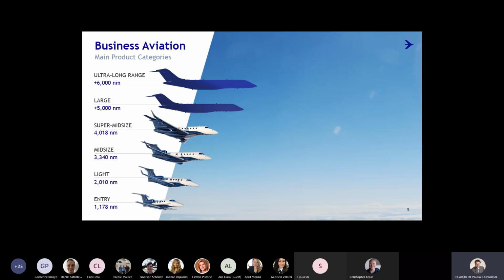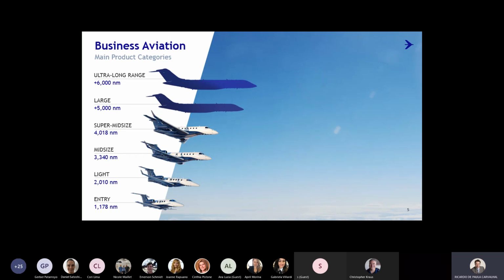We have today 6, some people say 7 or 8. To simplify, I'm showing you the 6 categories. We go all the way from entry-level jets at the bottom, usually $4 million airplanes like the Phenom 100, and all the way up to 70, $75 million airplanes in the ultra long range category.